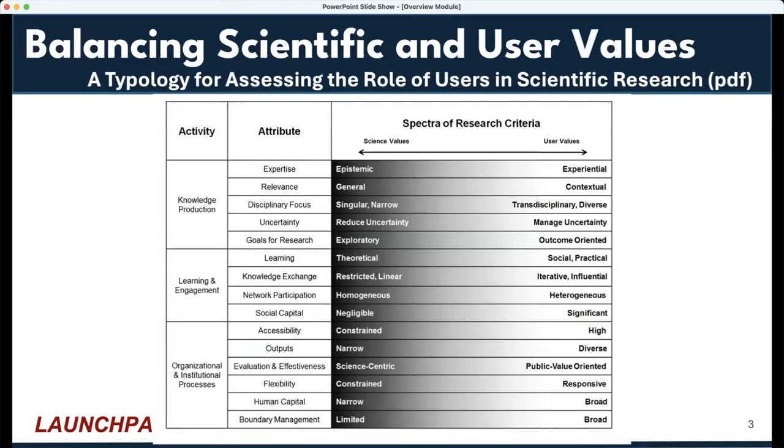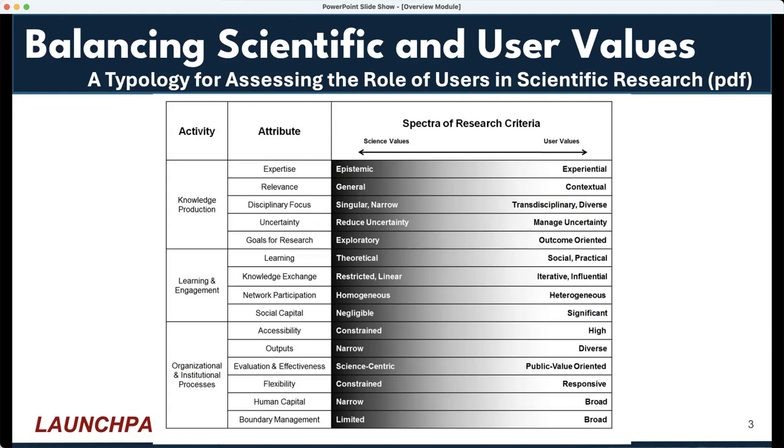So the first question that you're going to face is, how do you balance the scientific values and the user values? There's a very interesting PDF, a typology for assessing this. And you see that there are various activities, 3 activities. Each activity has several attributes. And each of those attributes may be more relevant for the scientist or more relevant for the user.